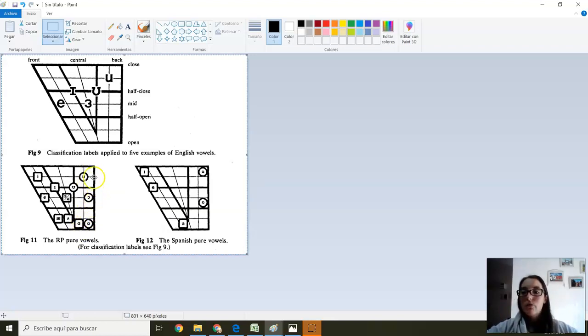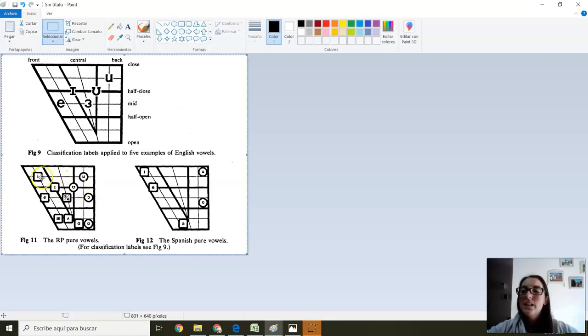And then in terms of close approximation or open approximation, well, there's also a lot of variation here because we don't have any that are really, really close. We have half close position. Okay, so I and U are half close.